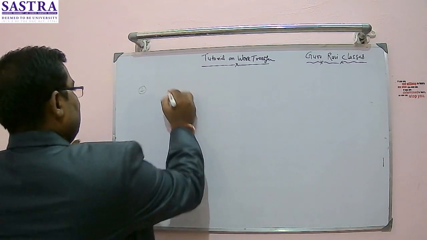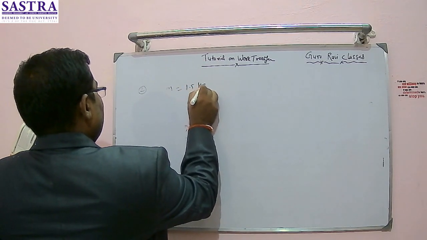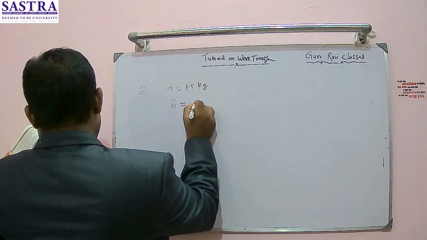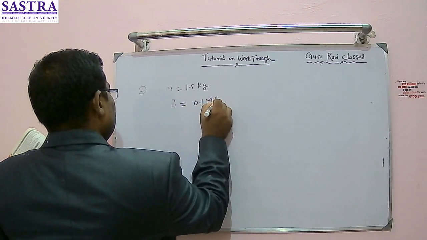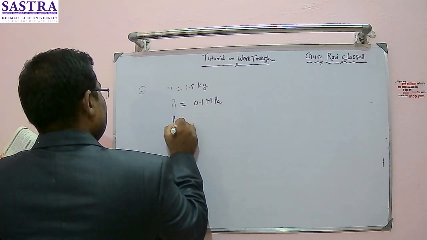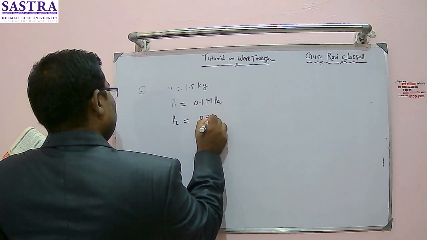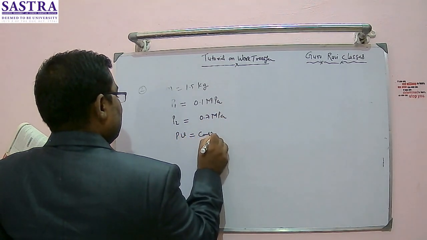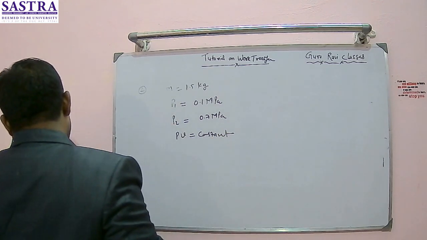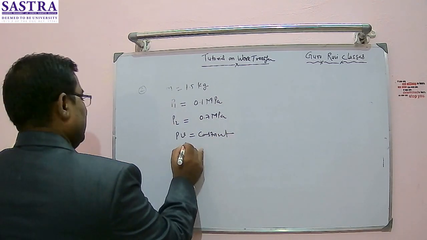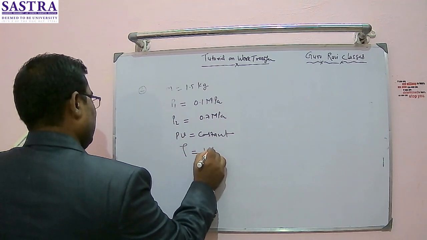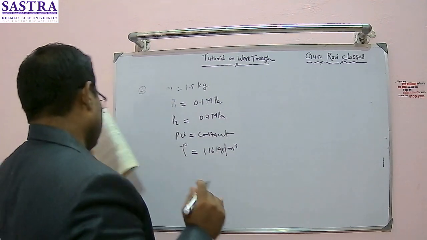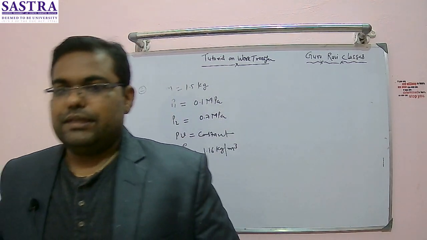Mass is given, that is 1.5 kilogram of air, in a quasi-static process from initial pressure 0.1 megapascal to final pressure 0.7 megapascal, as per PV is equal to constant, right? This is given. Initial density is given, 1.16 kilogram per meter cube. Determine the work done by the piston to compress the air.